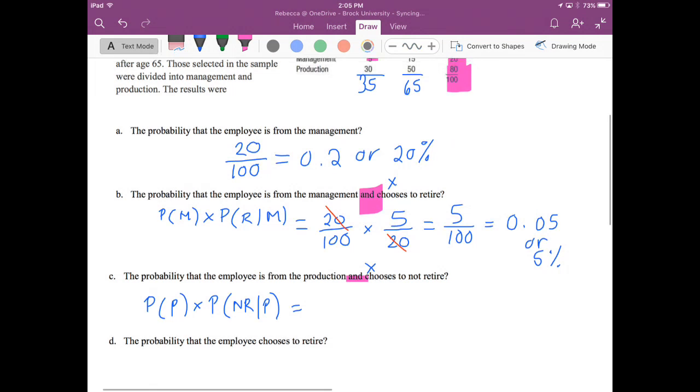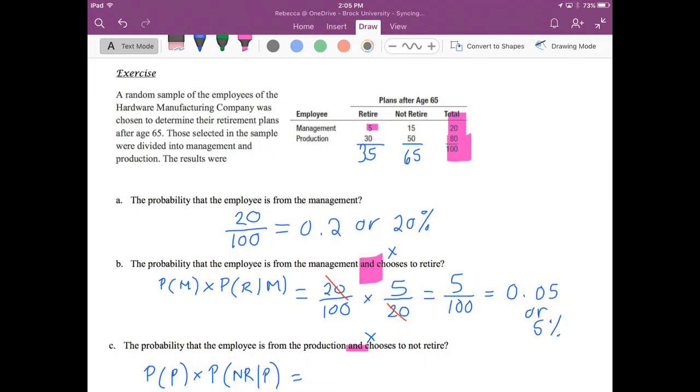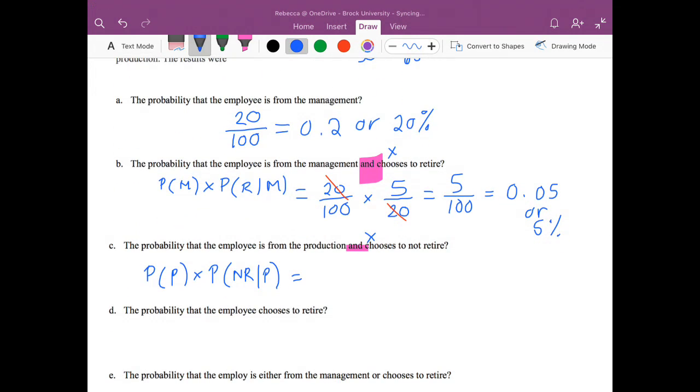So the probability that they are from production is 80 out of 100.